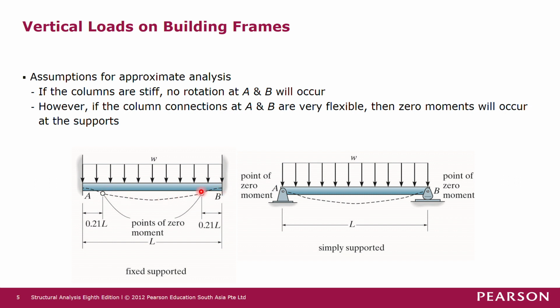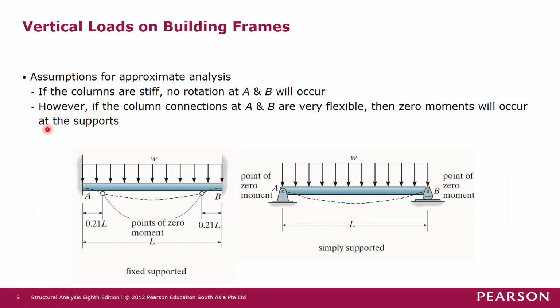There is a change in moment sign at these inflection points, which are the points of zero moment. For the case where the columns are extremely stiff, the inflection points will occur at 0.21 L away from support A and also from support B. That is the first extreme case.